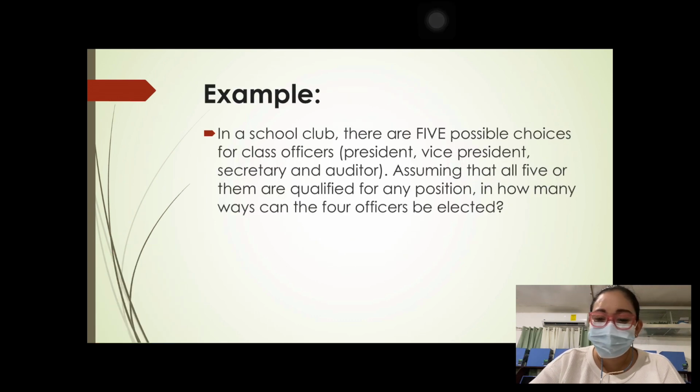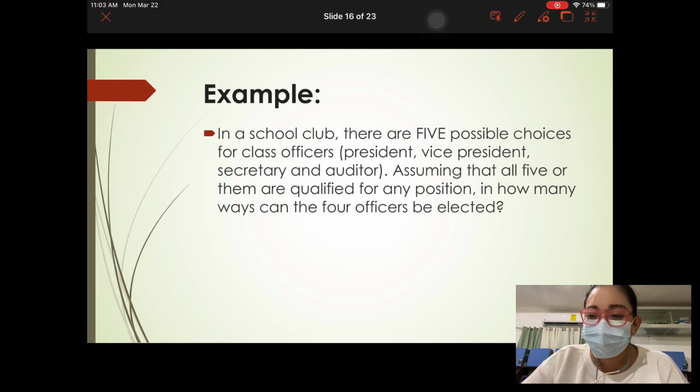Alright. Now, let's have another example. So, syempre, para ma-gets natin siya at ma-use natin kagad yung ating mahiwagang formula. In a school club, there are 5 possible choices for class officers. So, meron daw 5 possible choices. Okay? Siguro 5 top students. 5 masigasig na bata. Okay?